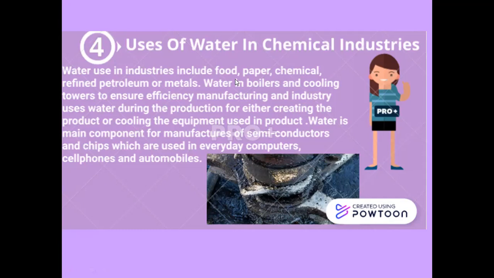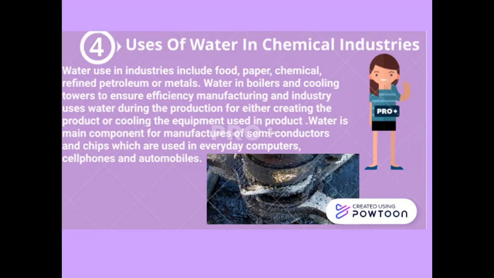Water used in industries basically includes a lot of things such as food, paper, chemical, refined petroleum, or even metals. Now, the water which is stored in the boilers or the cooling towers ensures the efficiency of manufacturing, and industry uses water during production, either for creating the product or for cooling the equipment which is used in the product.